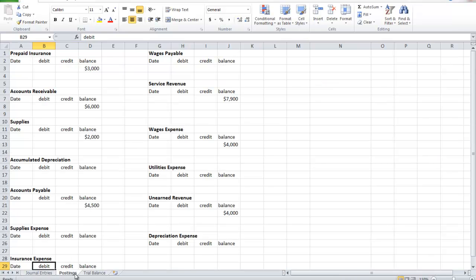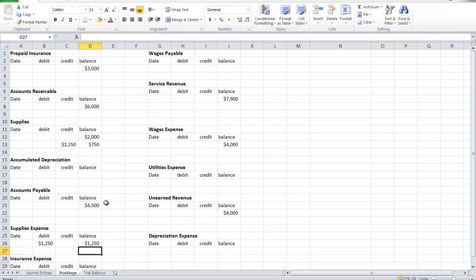On the postings, we will have a credit here for $1,250, so my balance is again $750. And then the supplies expense will have a debit of $1,250, and the balance will be $1,250.